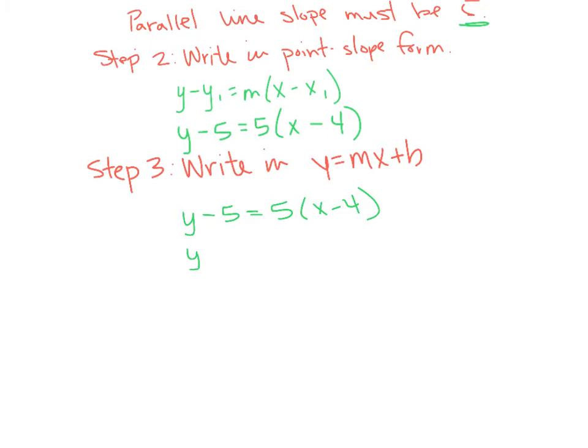So we have y minus 5 equals 5x minus 20. We're going to move the negative 5 to the right side. These cancel, and we have y equals 5x minus 15. So y equals 5x minus 15 is parallel to the original equation of y equals 5x plus 10.